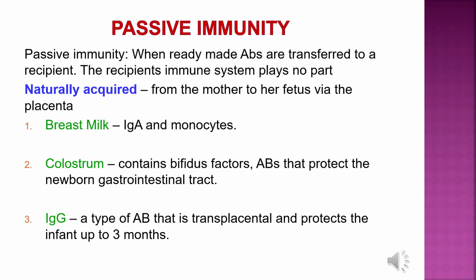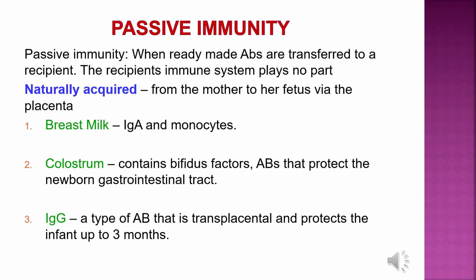Then passive immunity. In passive immunity, ready-made antibodies are transferred to a recipient, and the recipient's immune system plays no part. It is called passive. It is only the transfer of antibodies or immunoglobulins. It is of two types, natural and artificial. Naturally acquired is from mother to fetus via the placenta, or through breast milk, which contains IgA and monocytes.